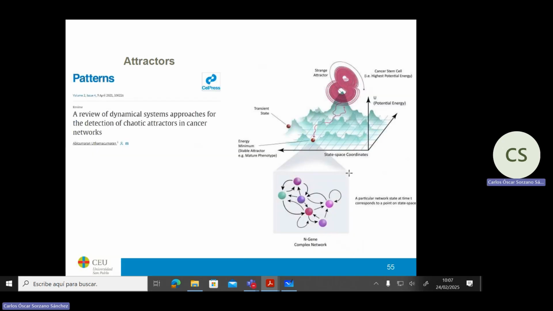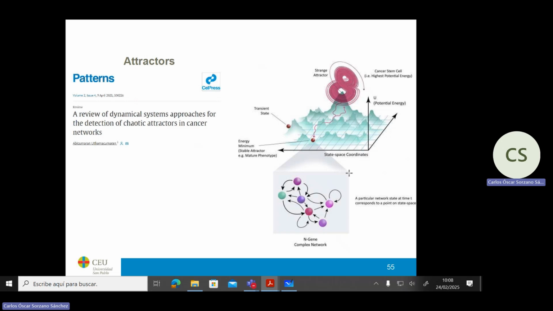And regarding attractors, there are some studies that relate attractors and chaotic attractors to cancer. So you have the state given by the activation state of genes, and the physiological normal healthy state is some attractor.